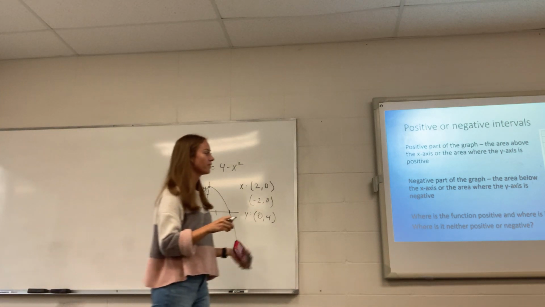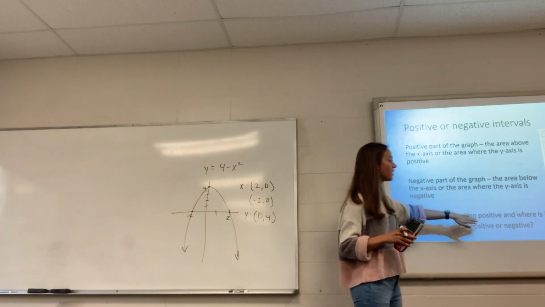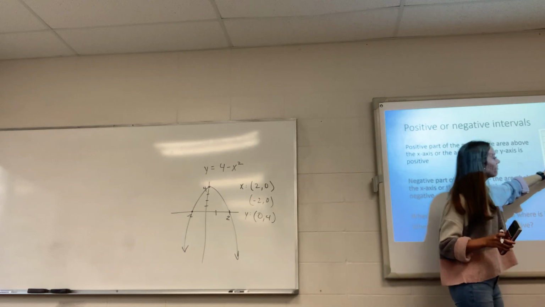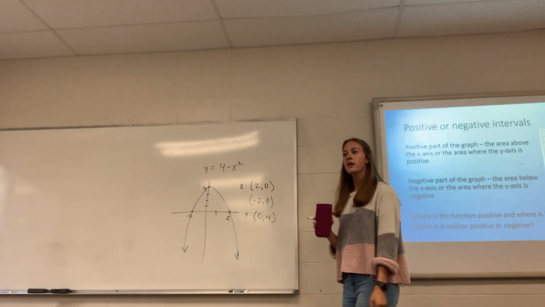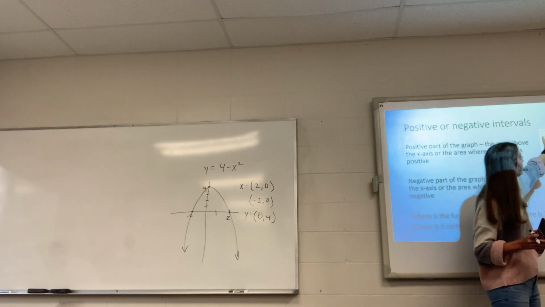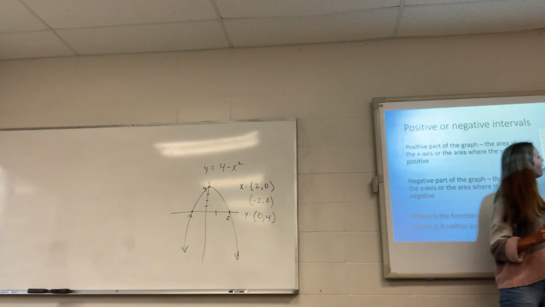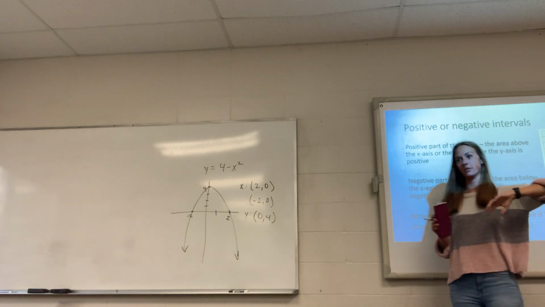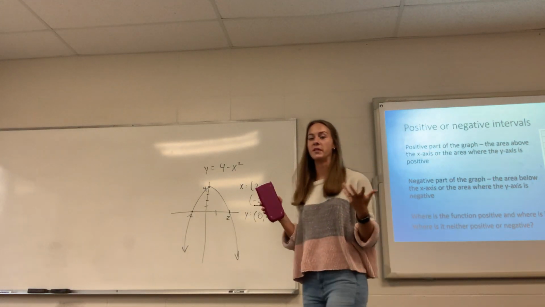Alright, so looking at this right here, it says where is the function positive and where is it negative? So I have this graph right here. So it's gonna be positive when it's above the x-axis. So this piece right here is positive, and this piece over here is positive. So I have two different positive pieces.